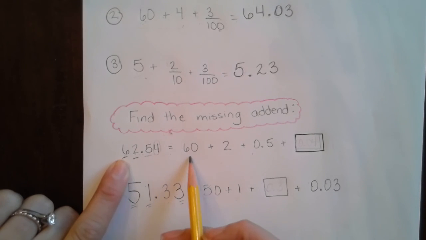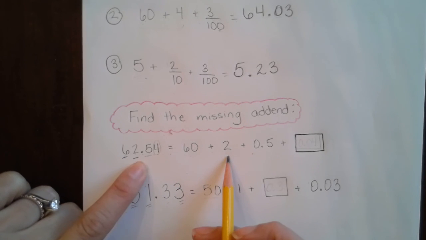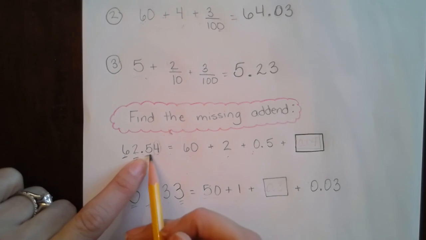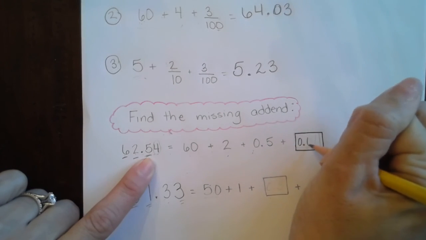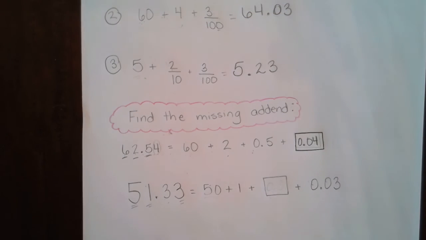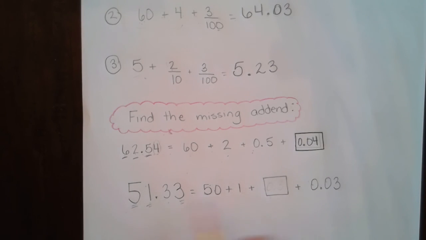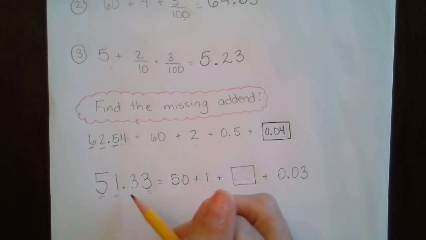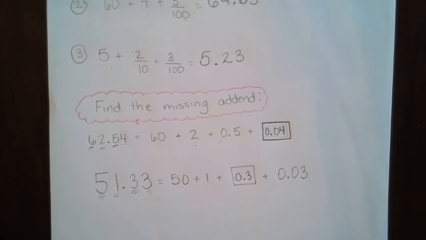Okay, that's the same as 60, that's what I got that from, plus 2, there's the 2, plus 5/10, I see that, plus I need my 4 hundredths, okay, which is the missing piece. 51.33, 51 and 33 hundredths is going to be 50 plus 1, those are the whole numbers, plus something, plus 3 hundredths. We just need to put in our 3/10, okay? And that would complete it.